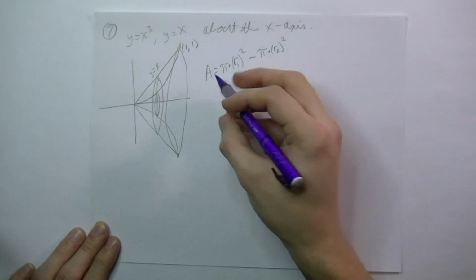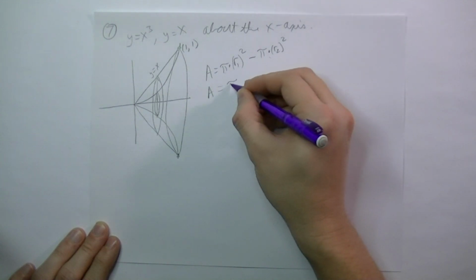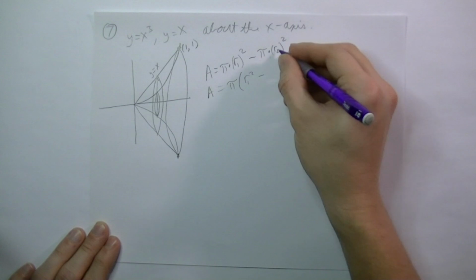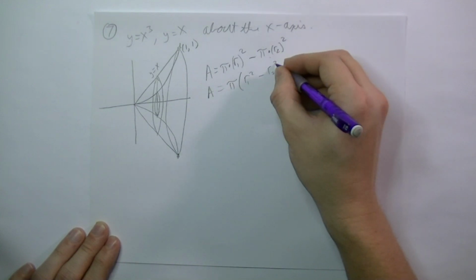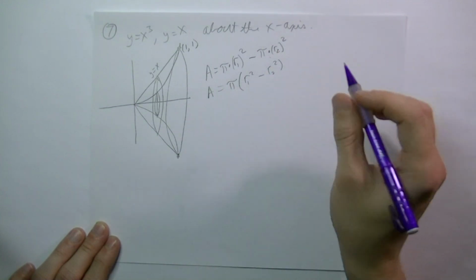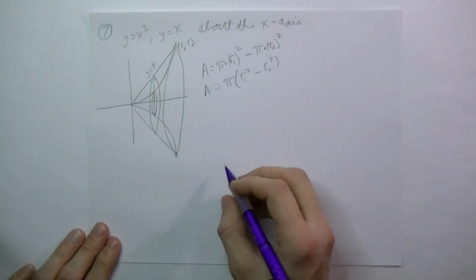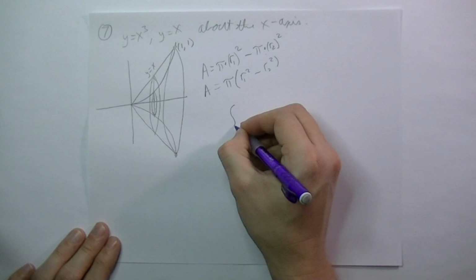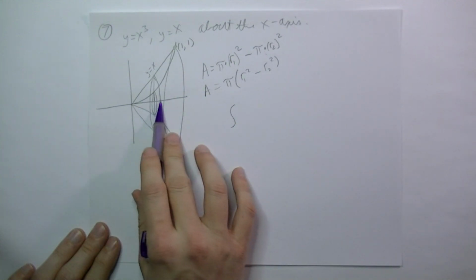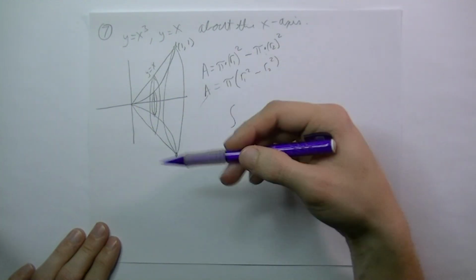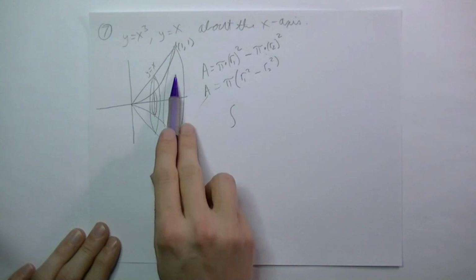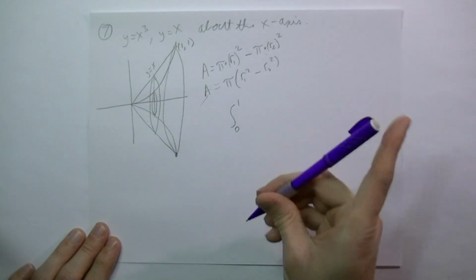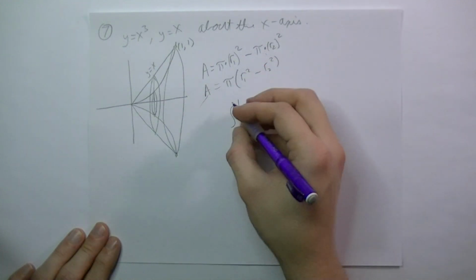And here the pi factors out of each one, so the pi comes out and I get r1 squared minus r2 squared. Okay, and so that's what we're going to be integrating. We're integrating along the x here because that's where we're revolving around, and we're going to start at 0 and end at 1. Okay, 0 to 1, and I'm going to integrate this.